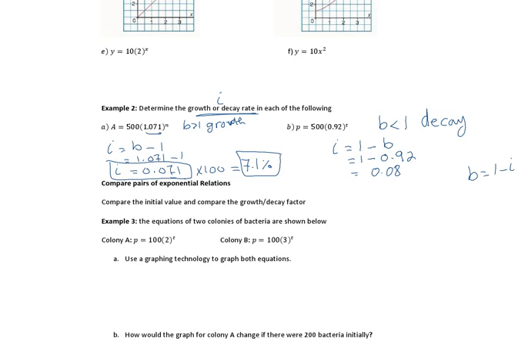So you have either b minus 1 or 1 minus b. If you get a negative number, you're doing something wrong, so switch it. And when you ask me about the rate, I have to times 100 to change it to percent. That's the rate.